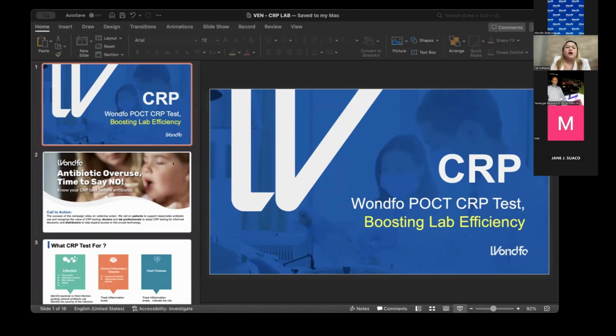So why do we choose OneFull CRP? First and foremost, it's for its rapid results, as fast as 3 minutes. The blood collection procedure is easier, and it supports finger prick samples that are gentle for children. It uses a whole blood sample.